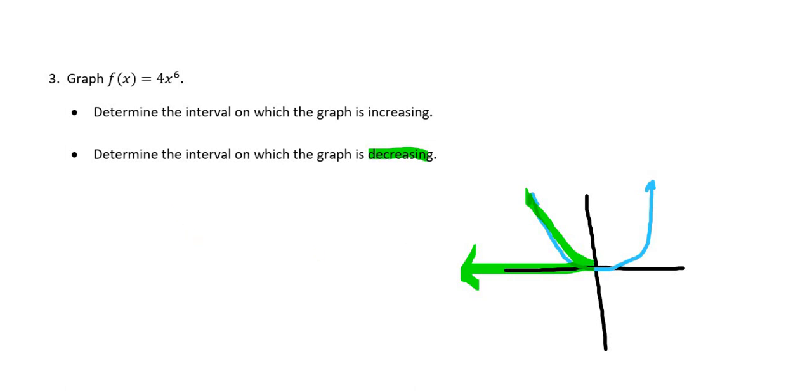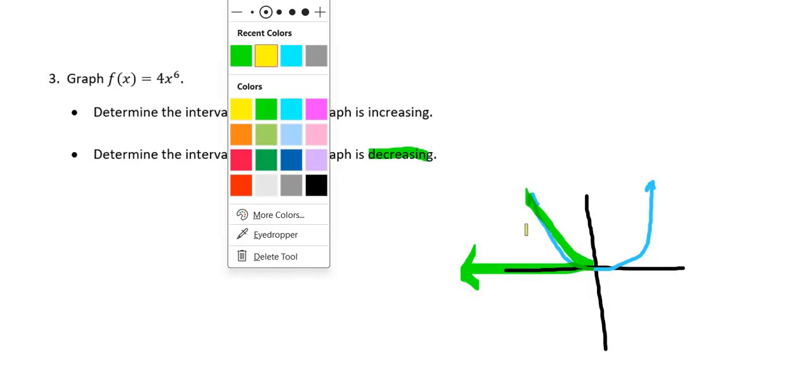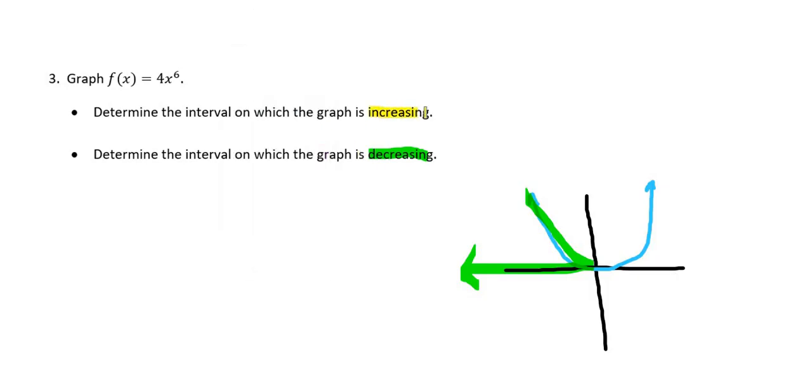And once I get to that point, then I'm starting to increase. I'm going to highlight this in yellow. This is the section of my graph where I'm going up the hill. So it's these x values that will give me the interval on which I am increasing. So remember that when I'm looking at intervals, I'm looking for x values, and the x coordinate of this point right here, this turning point, is 0.